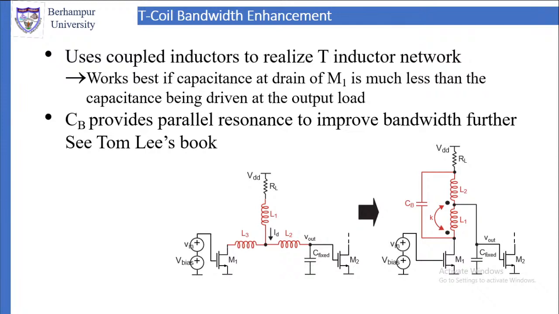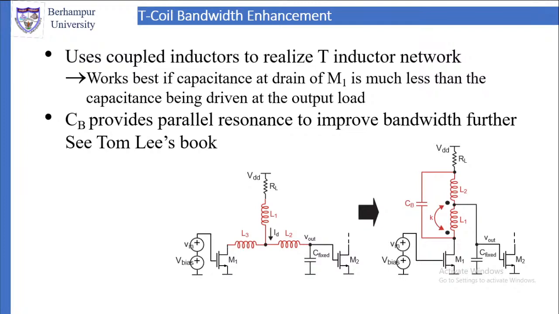And CB provides parallel resonance, because you can see this L and C, L1, L2 and CB, they are forming a tank circuit, which is a resonator circuit. So it is a parallel resonance circuit. This parallel resonance improves the bandwidth further.